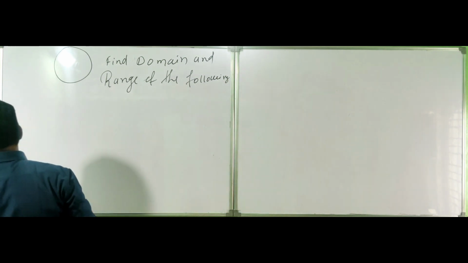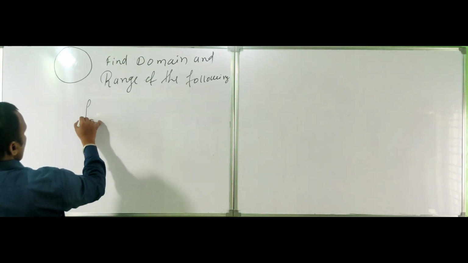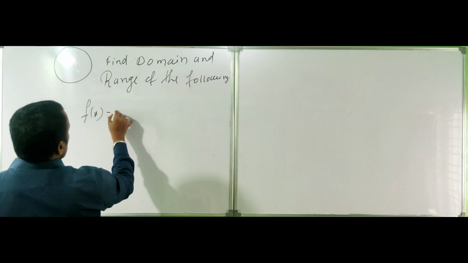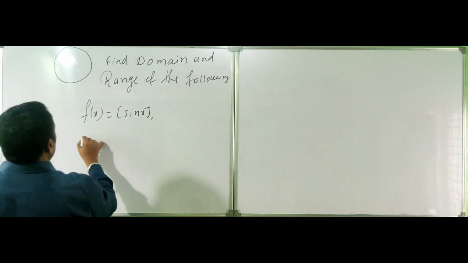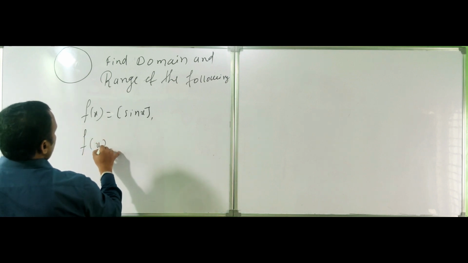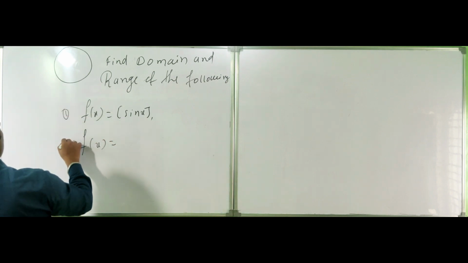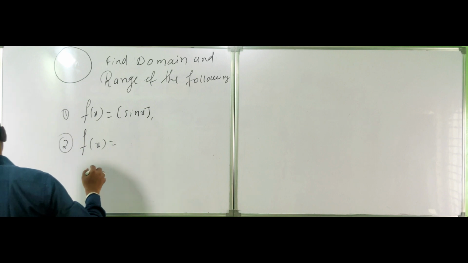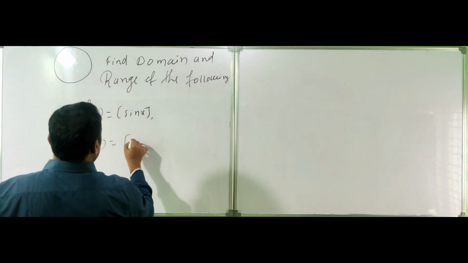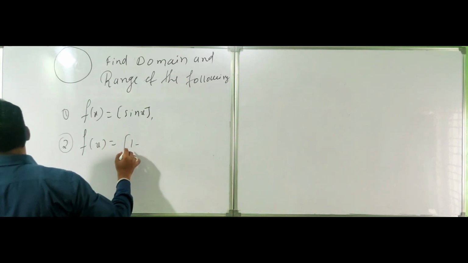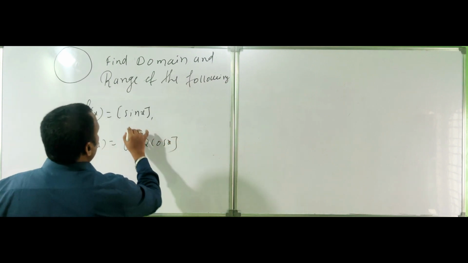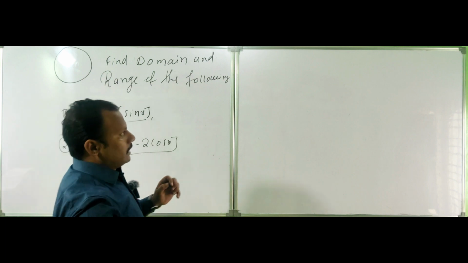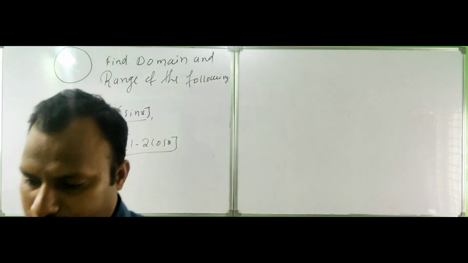First one is f of x is equal to sin of x, and f of x is equal to 1. Second is 1 minus 2 cos x, greatest integer function. This symbol is the greatest integer function.